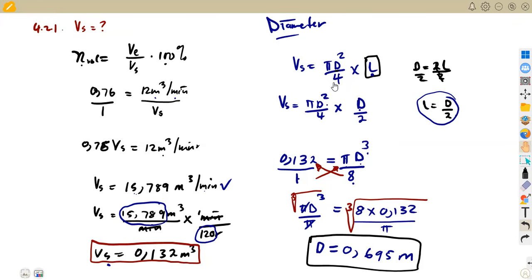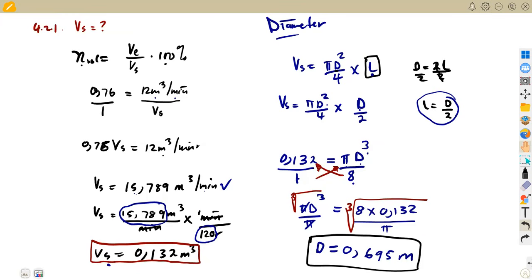After that, they'll ask you to calculate the diameter. Sometimes they'll ask you to give your answer in millimeters. It's just a conversion you make at the end, or sometimes you are to calculate the mass. So it's all about the concept there. The concept is the one that I want you guys to understand.